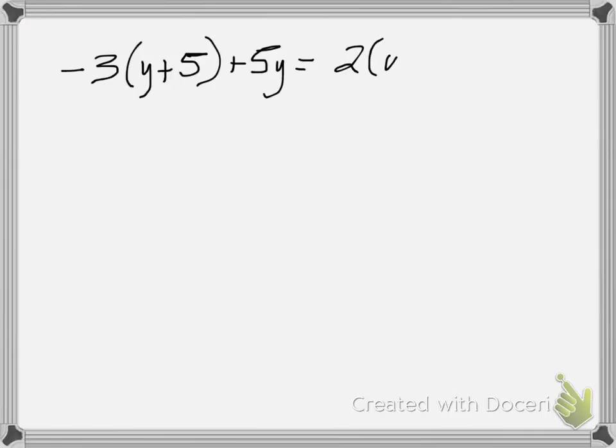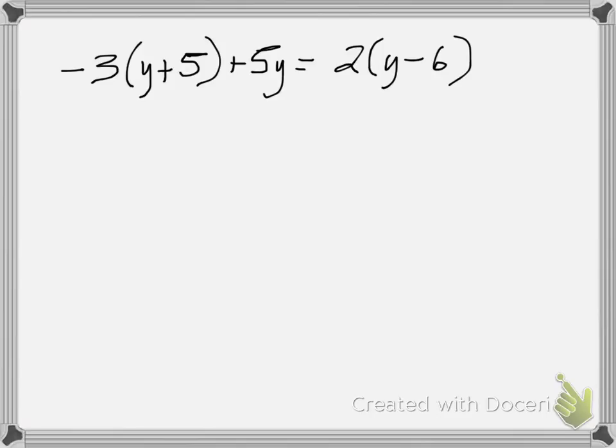And we will see if we get the same solution. Okay, so we're working -3 times y plus 5 plus 5y equals 2 times y minus 6. So write that equation down and y'all start working on it. And decide if you think it's no solution, all real numbers are solutions, or one solution, y equals something. The first one?